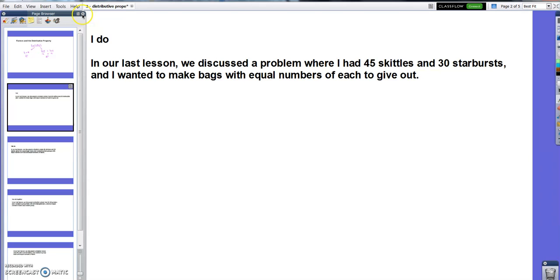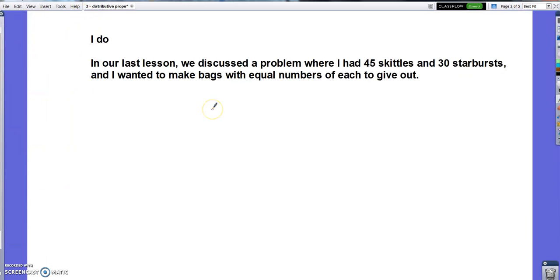So in our factoring lesson, we did this problem. In our last session, we discussed a problem where I had 45 Skittles and 30 Starbursts. So basically I had 45 plus 30 pieces of candy. That's what, 75 pieces of candy, right? And I wanted to make bags with equal numbers of each to give out.